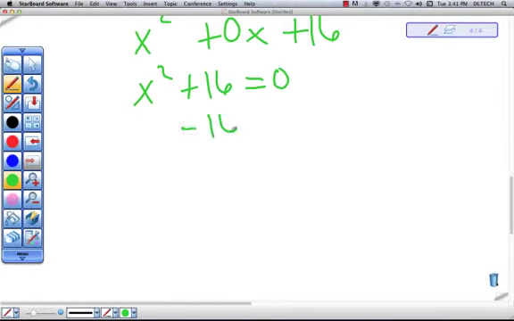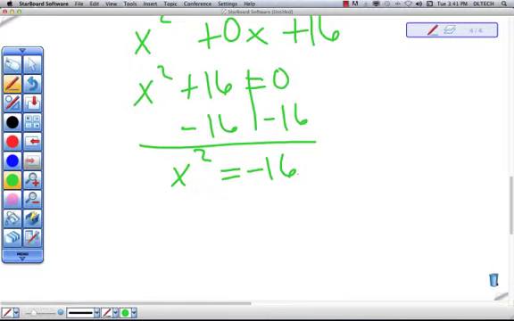We subtract 16 from both sides, and we have x squared equals negative 16. In this step, we're going to find the square root of both sides. The square root of x squared is x, and the square root of a negative 16 is not possible in the real numbers.